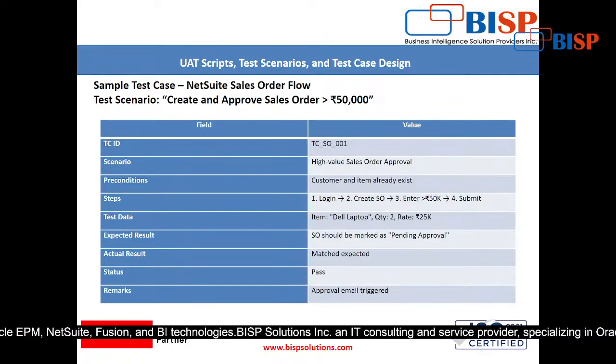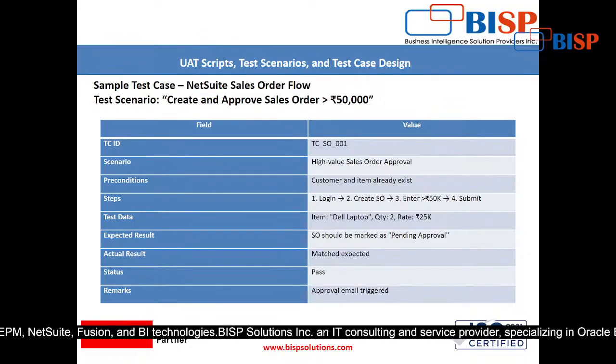Preconditions: customer and item already exist. One more thing is there, chart of accounts. Chart of accounts will not be used at this point, but it will be required, because as soon as the sales order is created, one entry will be created in the back end. So in that case it will be required, right? These are the preconditions: customer, item, chart of accounts and subsidiary.